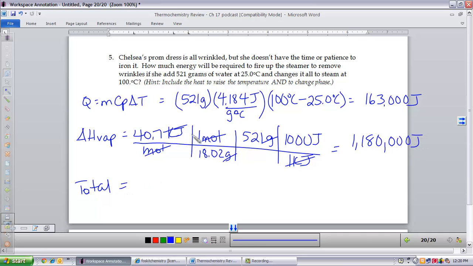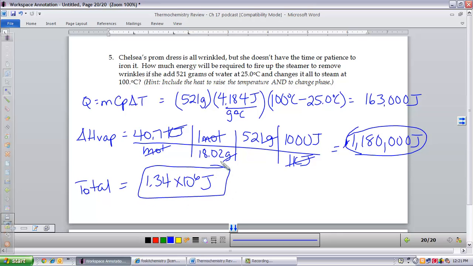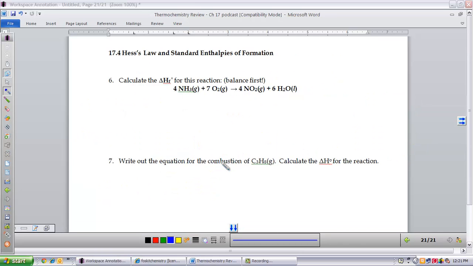When you put that together, you get 1.18 million joules. Look at how much more energy it takes to boil the water than it does to simply heat it up 75 degrees. This is an enormous amount of energy. This is huge. Okay, so when you add them together, you get 1.34 times 10 to the 6 joules of energy altogether.